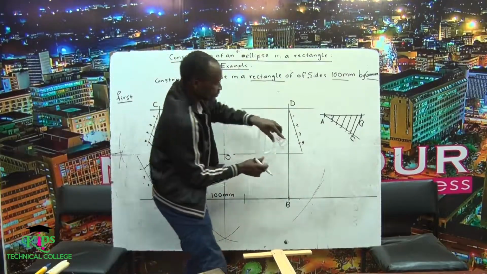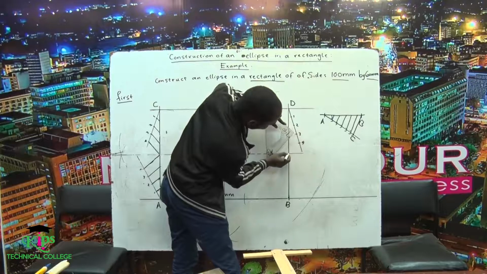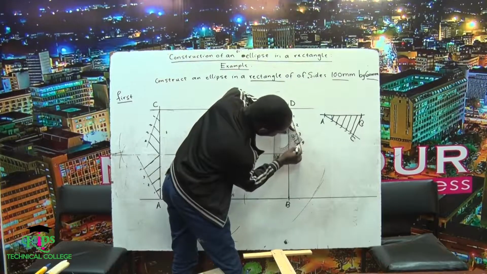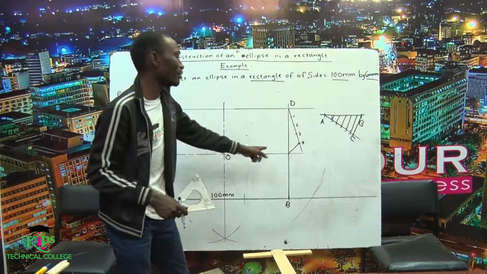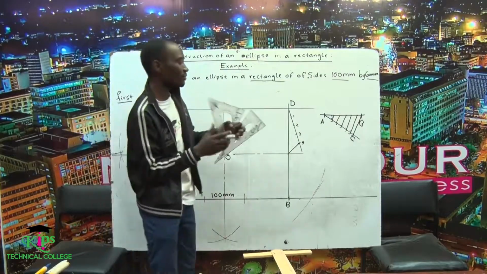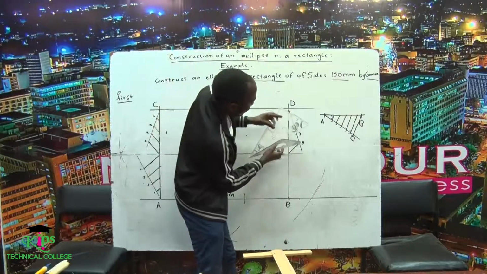Then I will join the 4th point up to the center of this line, like that. Then I will draw parallel lines to this line. So with my pair of set squares again.